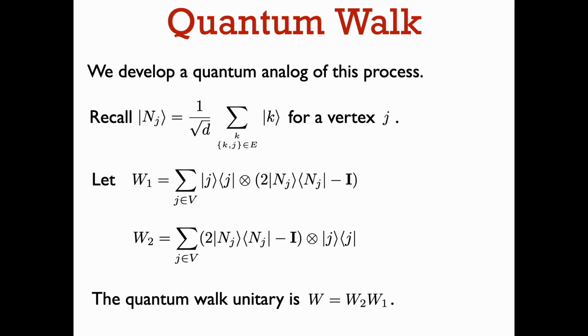This is again analogous to what we do in Grover's algorithm. We are reflecting about a uniform superposition over all neighbors of vertex j. Likewise, when the second register is in the state j, W2 applies a reflection about Nj to the first register. One step of the quantum walk is then the product, W2 times W1.